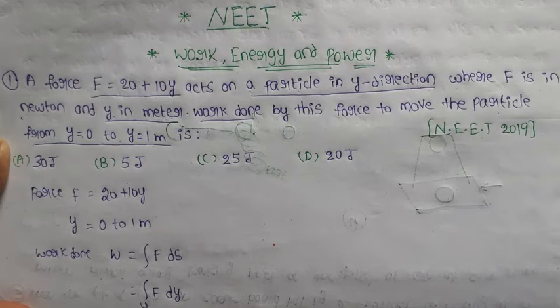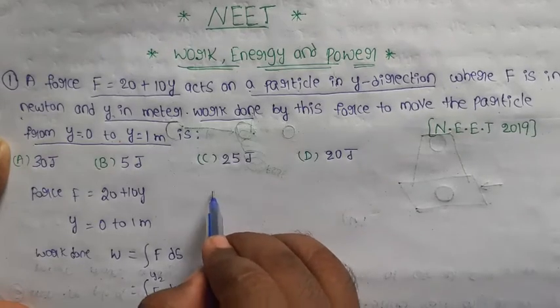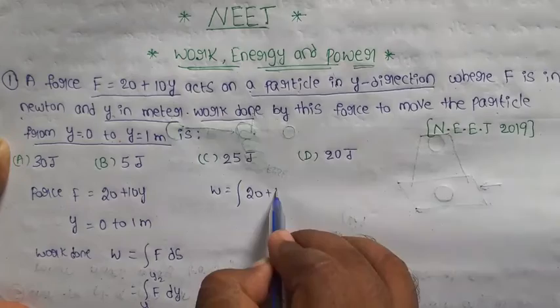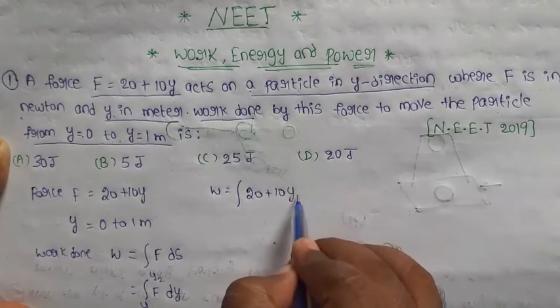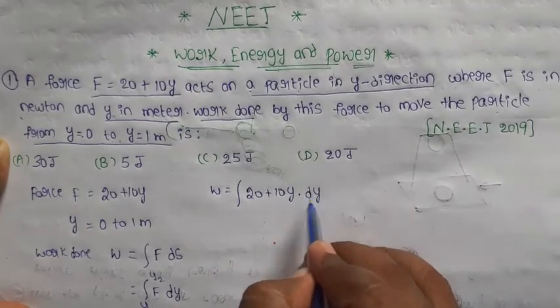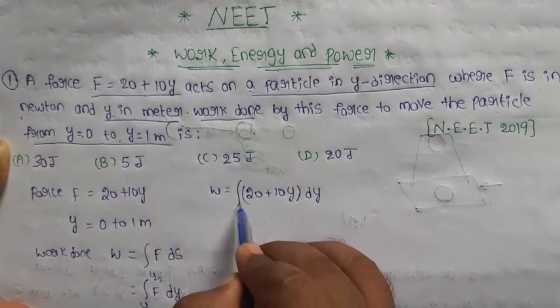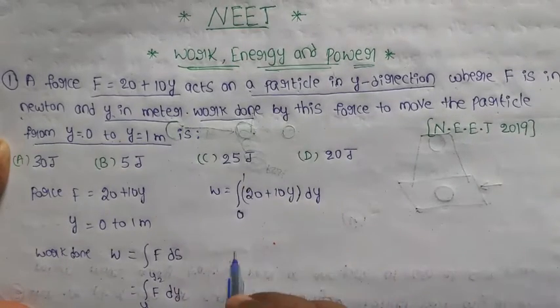Here displacement is from y1 to y2. So substitute the values. W equal to F value 20 plus 10y into displacement dy. Here y goes from 0 to 1 limits.